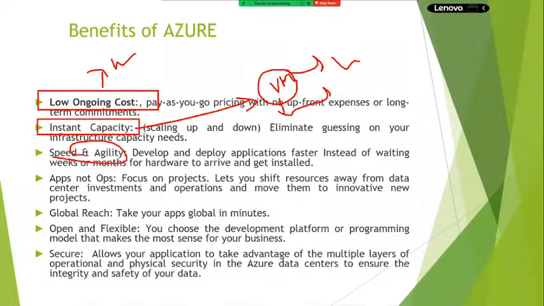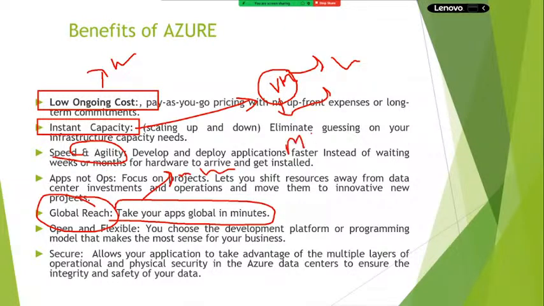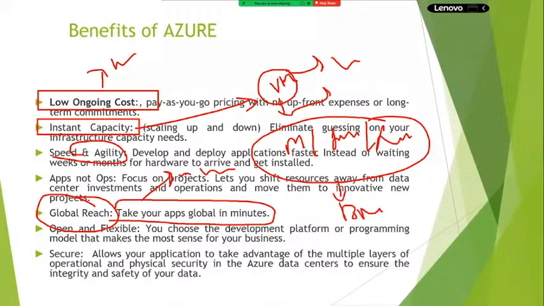Next, global reach. You know, right? Your data can be distributed across the globe in minutes. Why are the applications of Microsoft, Google and Facebook very fast, even though they have billions of customers all around the world?